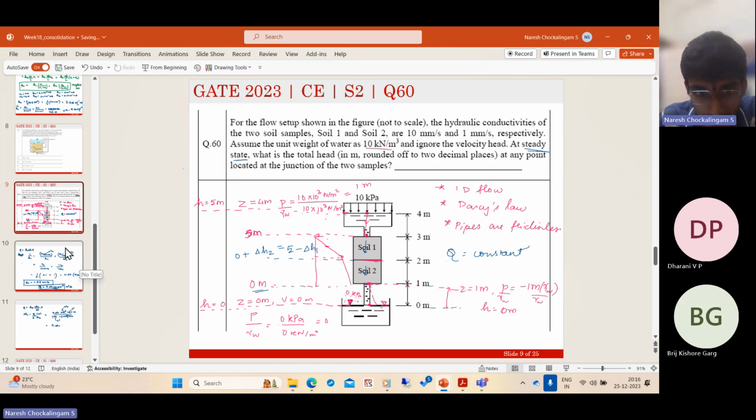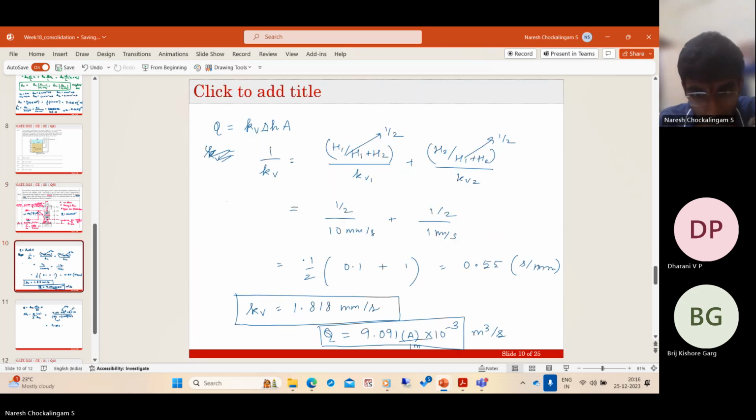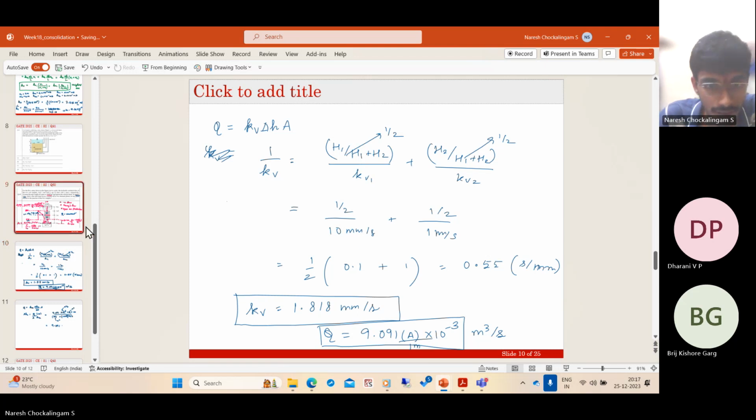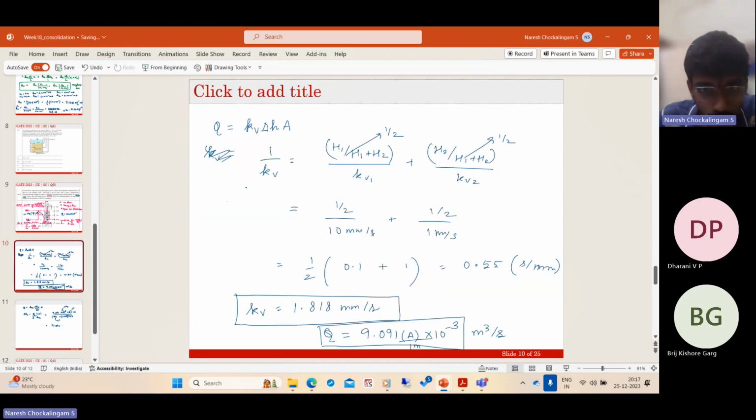Okay, Q is fine. So there is a factor of 2 missing somewhere. So this has to be 9.091 into 10 power minus 3. That is okay.